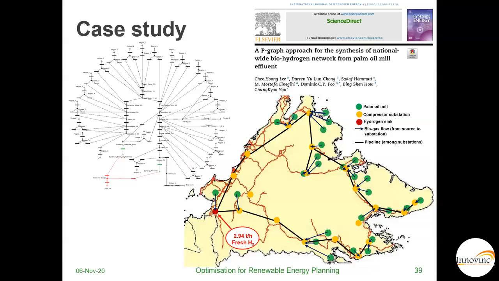Now, one of the byproducts from the palm oil mills is called palm oil mill effluent, POME, which is very rich in its organic content. So it is easy when you can convert it into biohydrogen to be utilized in some plants.